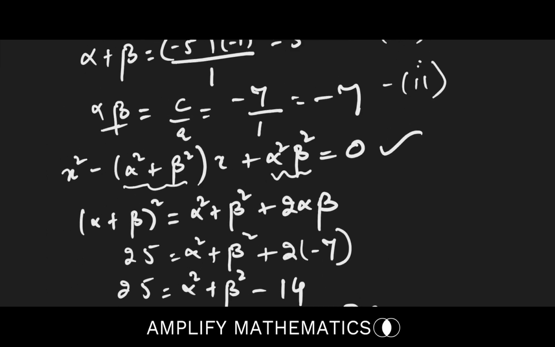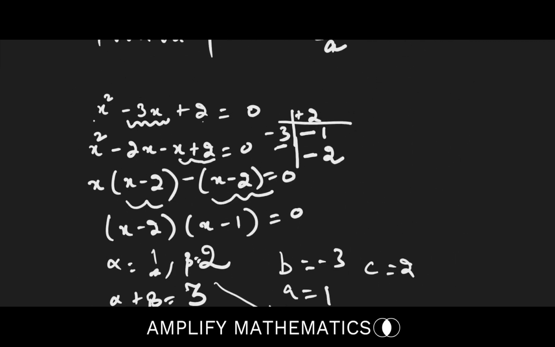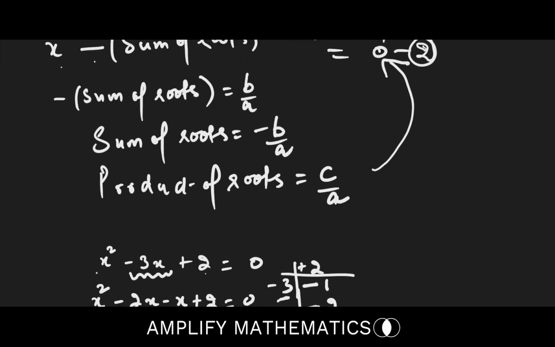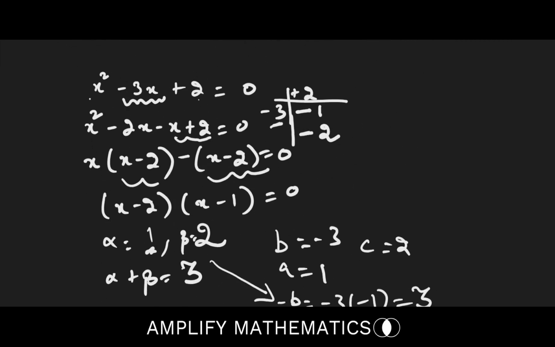So in this example, we were given the roots of a quadratic equation, x square minus 5x minus 7 equals 0, and we had to find the quadratic equation. So whenever there is a problem which says that you have to find the quadratic equation given the roots, you have to use this generic equation, which is x square minus sum of roots into x plus product of roots. Okay.